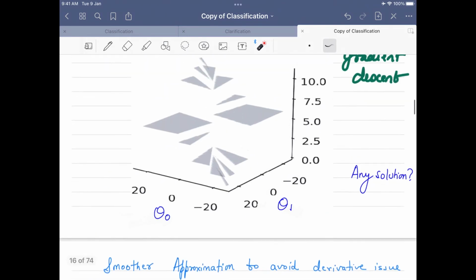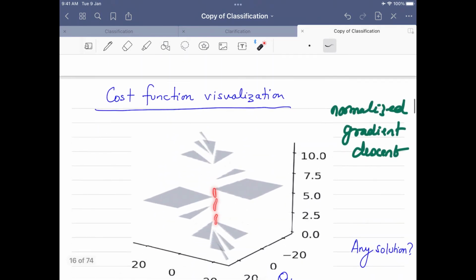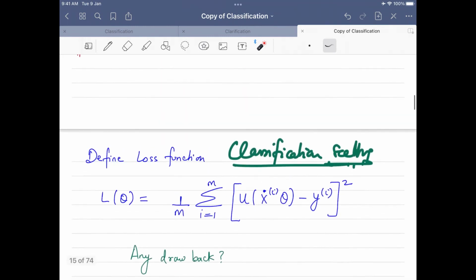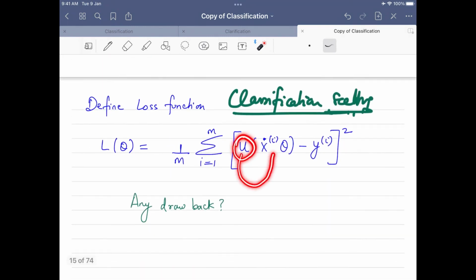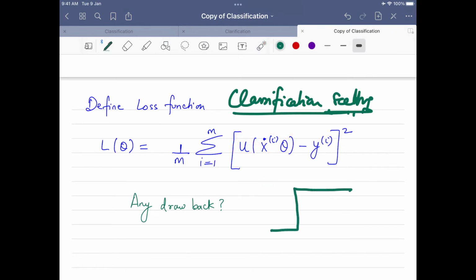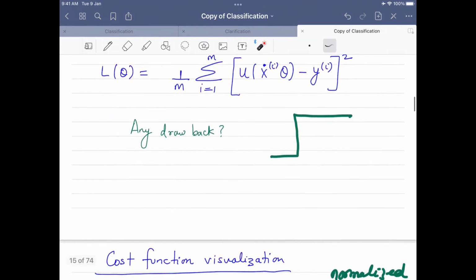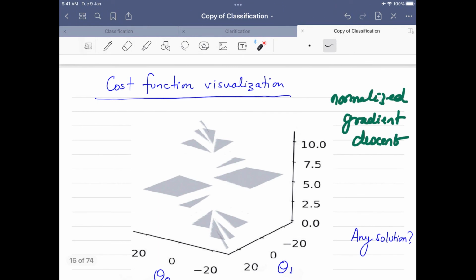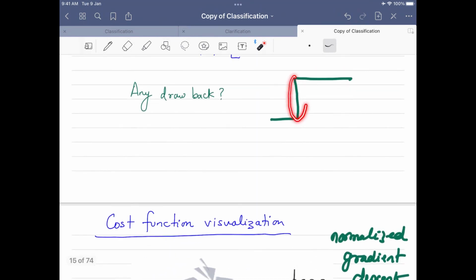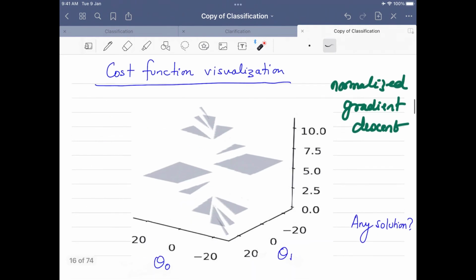This discontinuity is coming because you are using a unit step which you are operating on this x dot theta. The unit step is defined like this, and you all know that at this particular point the function is not differentiable at all. Because of this discontinuity, it is reflected over here. You can see this particular thing is creating a problem here. We can see so many discontinuities coming. So your gradient descent will not work here because of the discontinuity problem.